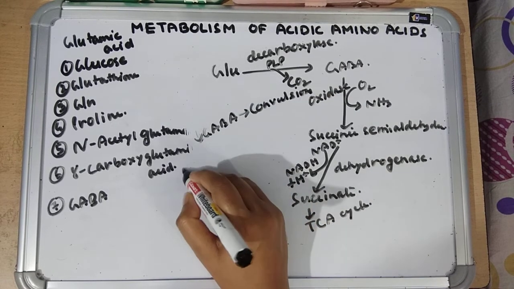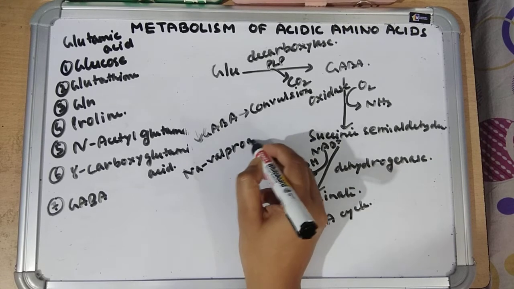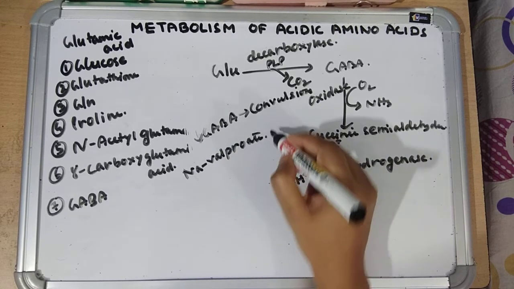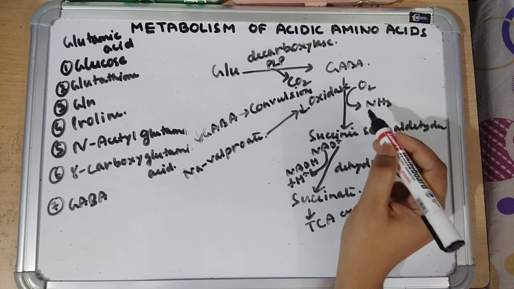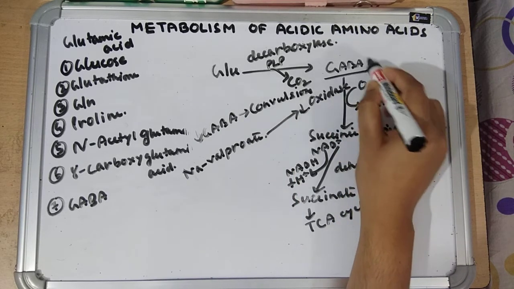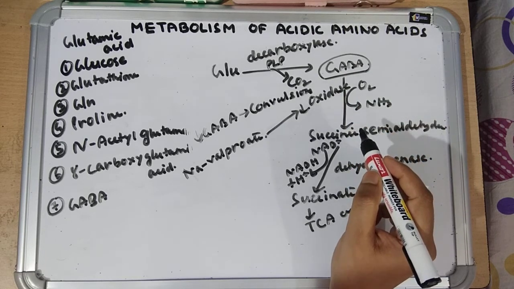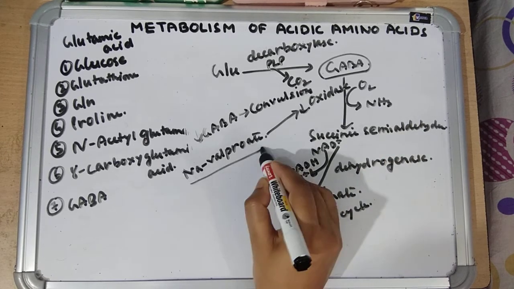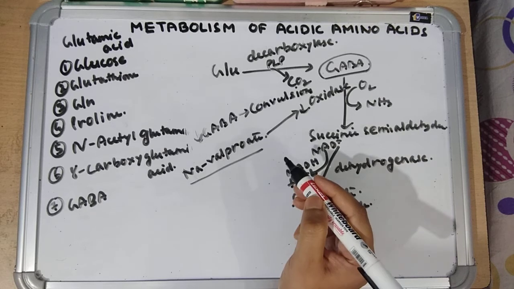There is a drug known as sodium valproate. Its mechanism of action is it inhibits the enzyme GABA oxidase. So GABA is not degraded, so its concentration remains normal. So sodium valproate is used to treat epilepsy.